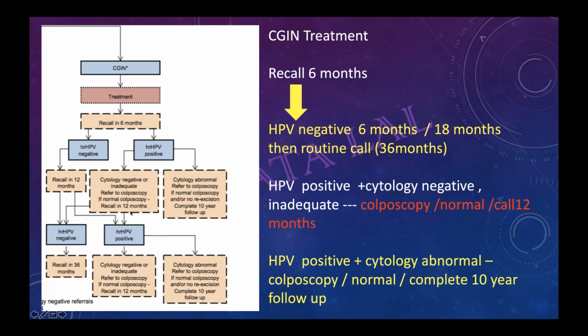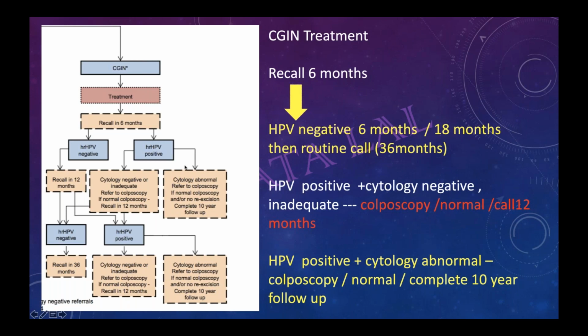If the colposcopy is normal, then you will call this patient again after 12 months time. In 12 months time, it is the same pathway. If the cytology is negative or inadequate, you will refer this patient to colposcopy. If the colposcopy is normal, you will call them at 12-month time.